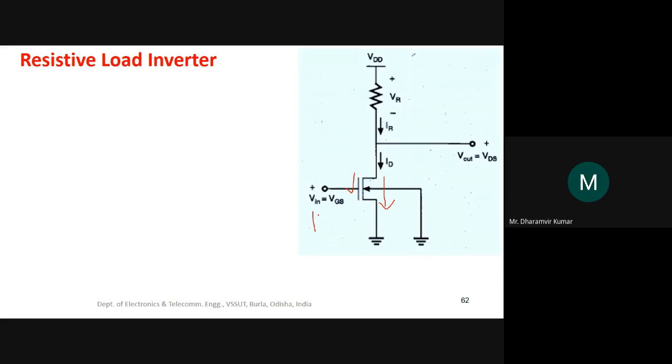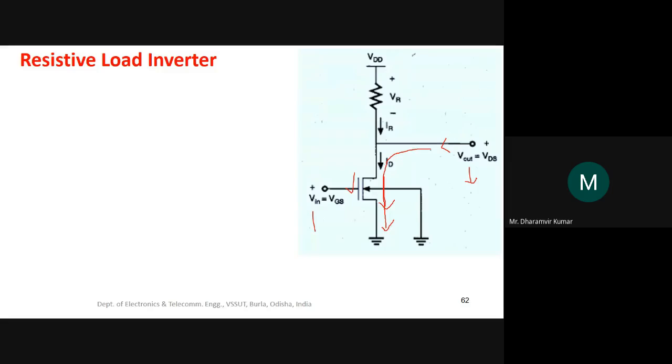So when input voltage is 1, the device is on, conducting, and we can assume that it is acting as a short circuit, exhibiting a low value of resistance. We can say that for simplicity. In that case this particular branch is effectively connected to ground, and we can say that the output is connected to ground or zero.